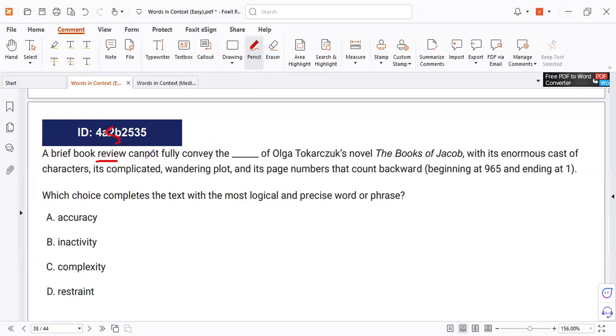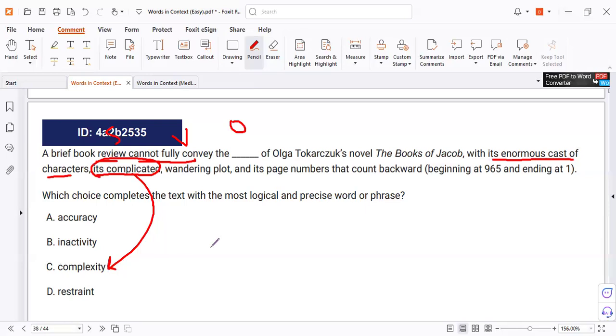So the review cannot, followed by verb, object. So we test you for the object. All right. Now cannot convey what? Look for the evidence with its enormous cast of characters. It's complicated, complex.